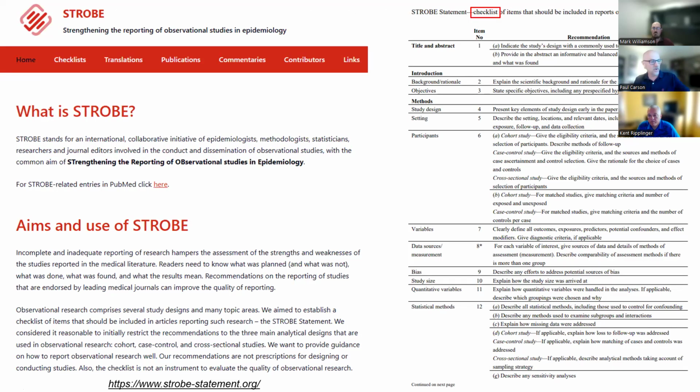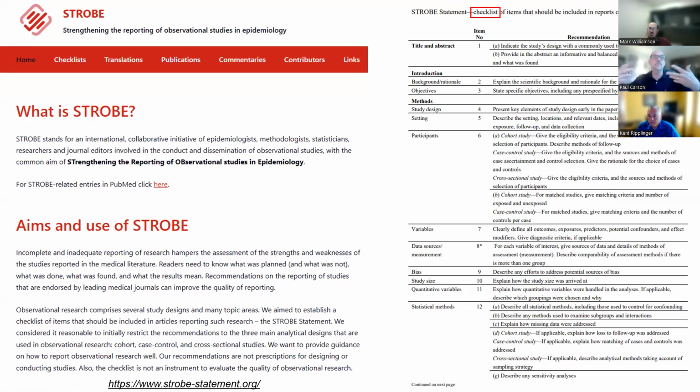Before I talk about some of my own real world examples, I'll finish with what's called the STROBE criteria. STROBE is a group of experts on observational research that came together to put out guidelines and documents on strengthening the reporting of observational studies in epidemiology. That's what STROBE stands for. So here's their website at the bottom.